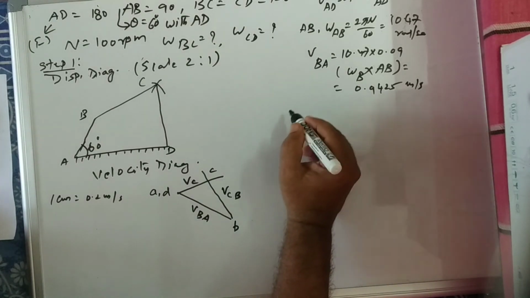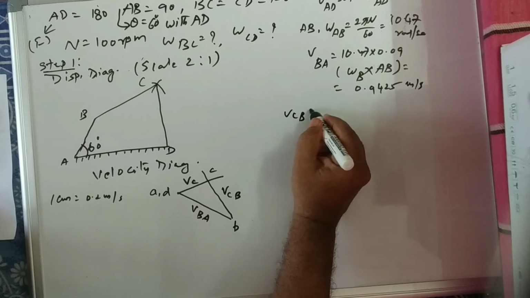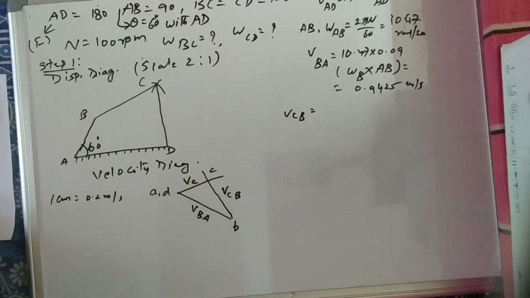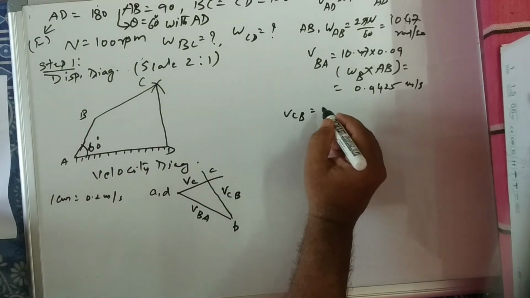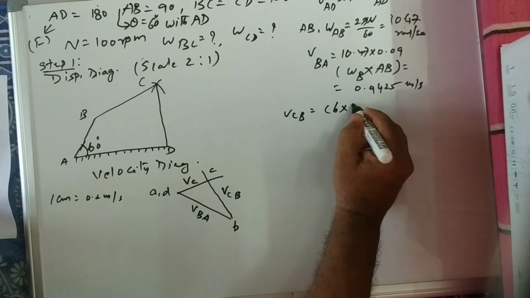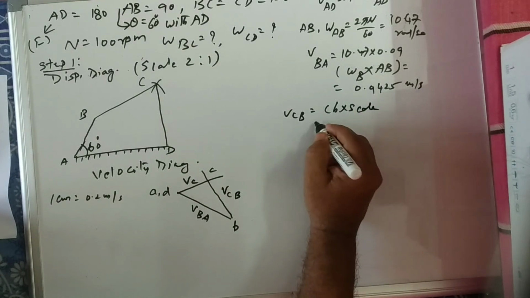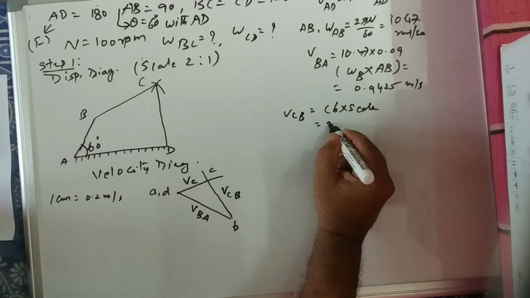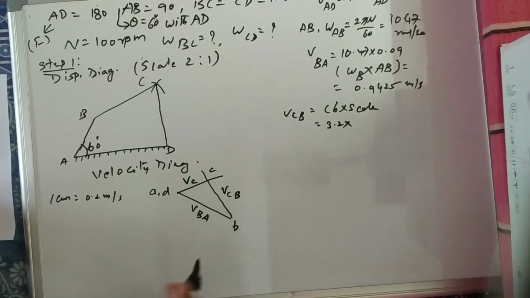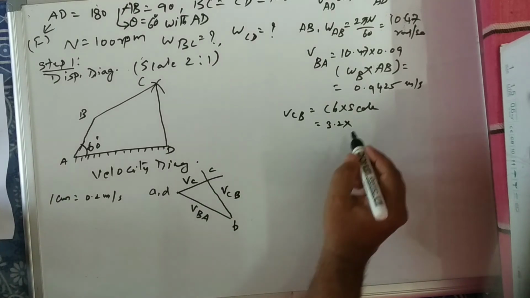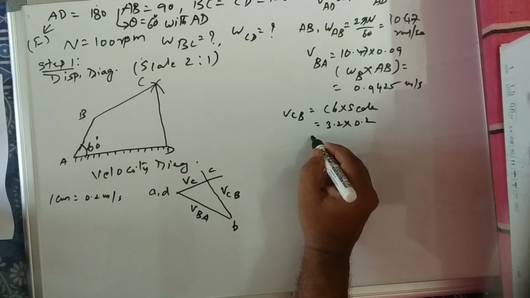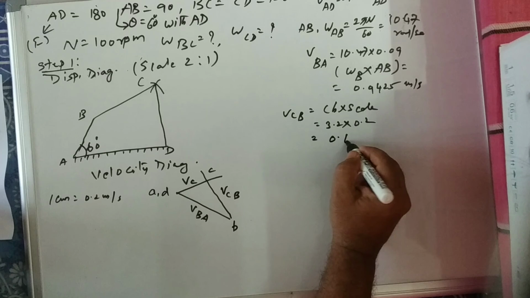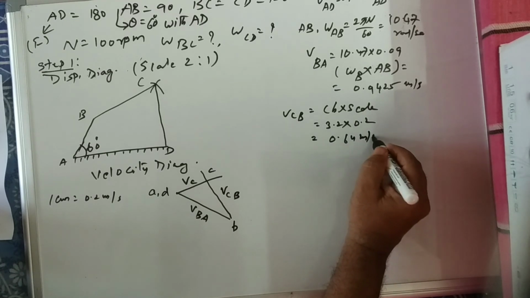Now VCB, that is the linear velocity of the link CB, is equal to the length CB into scale. If you measure CB, it is 3.2 centimeters. The scale we have assumed is 0.2 meters per second. So we get 0.64 meters per second.